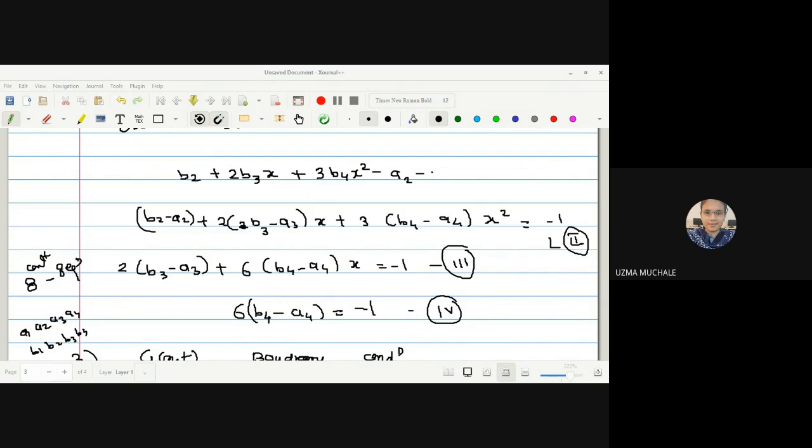Using this equation, try to evaluate and tell me the answers of A1, A2, B1, B2, all in the next lectures.